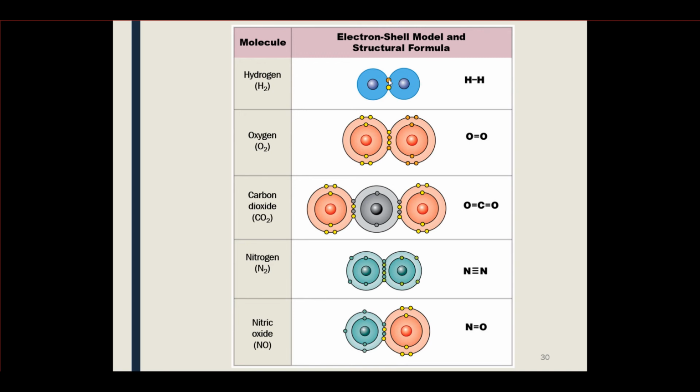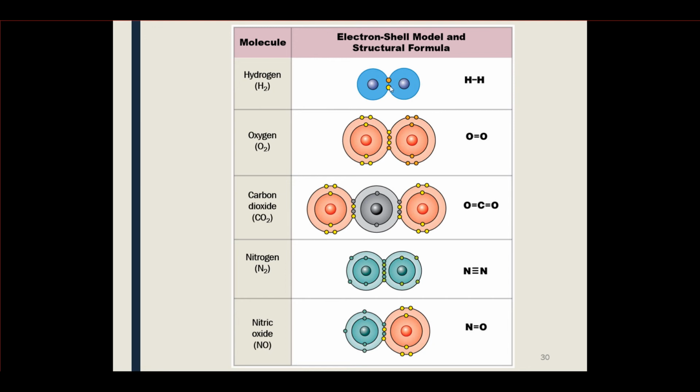So here's what happens. This orange electron from the left hydrogen and this yellow electron from the right hydrogen are going to be shared between both hydrogens. Now, this hydrogen on the left has 1, 2 electrons. It's stable. This hydrogen on the right is using 1, 2 electrons. It's stable.